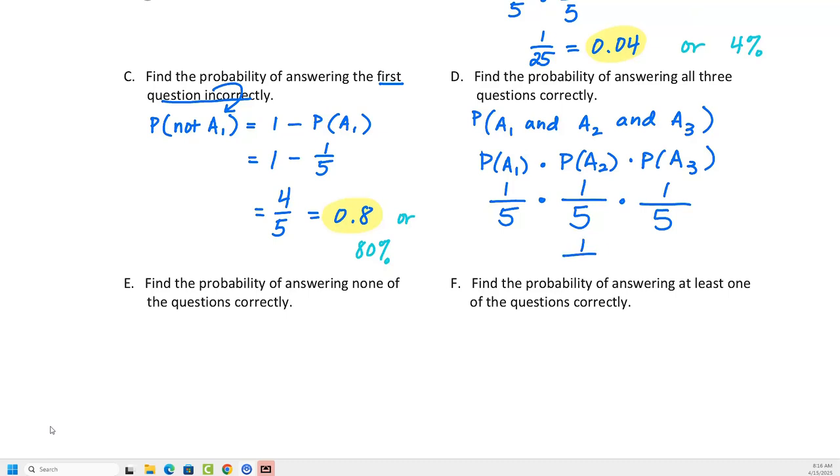And for question 3, there's one correct answer out of the 5 choices. So this gives me 1 in 125, which when you put that on your calculator is 0.008.